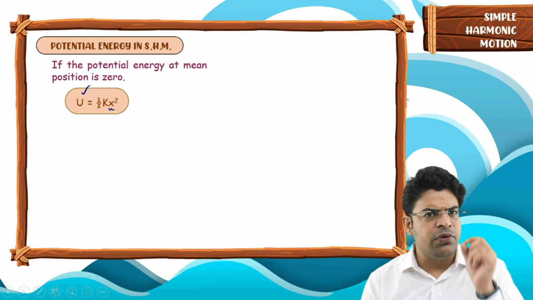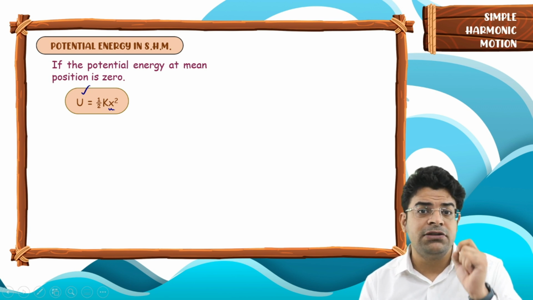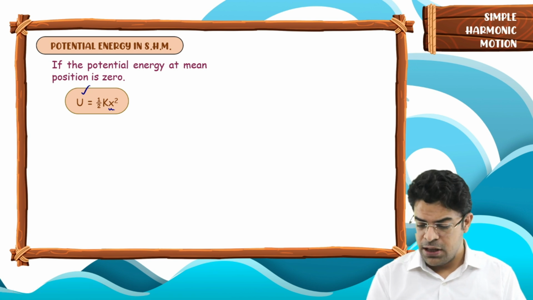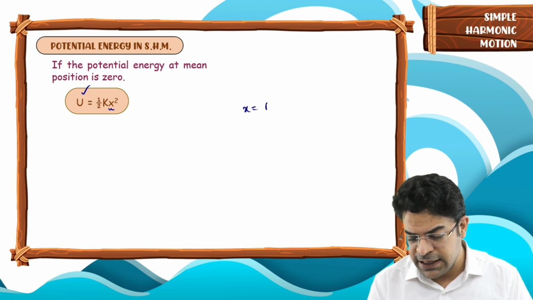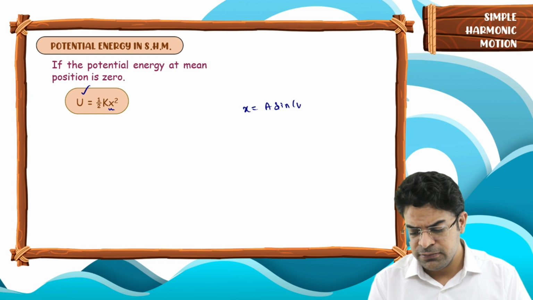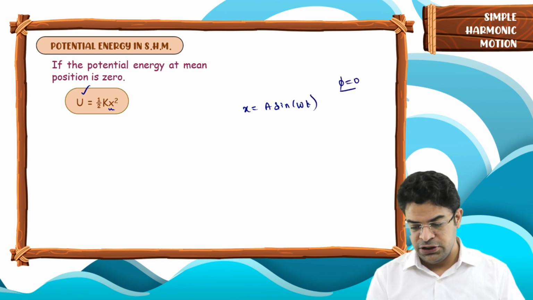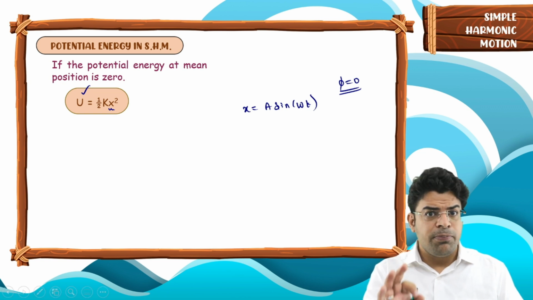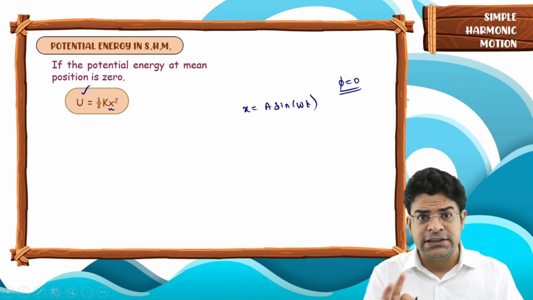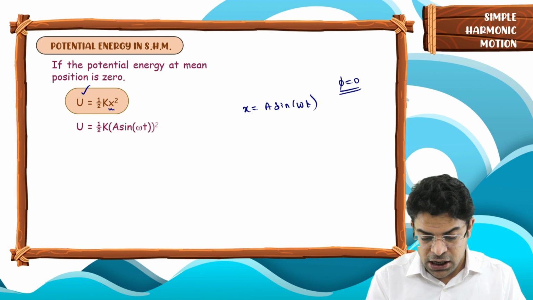But what if you need to know the potential energy as a function of time? If you take the displacement at any time t to be a sine omega t, where I have taken the initial phase angle to be 0, then the potential energy associated with SHM can be written as half into k into a sine omega t whole square.